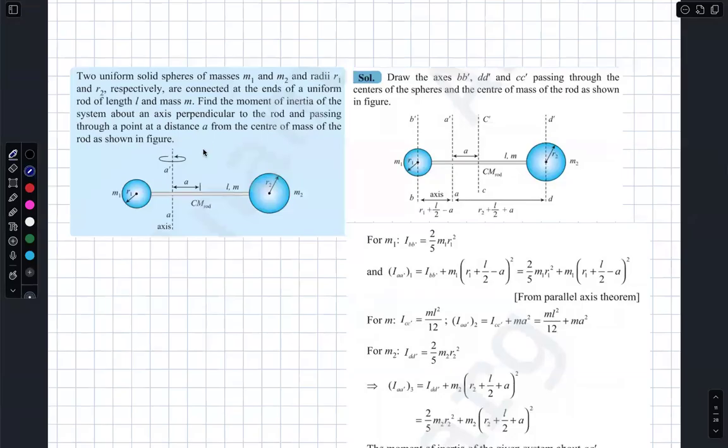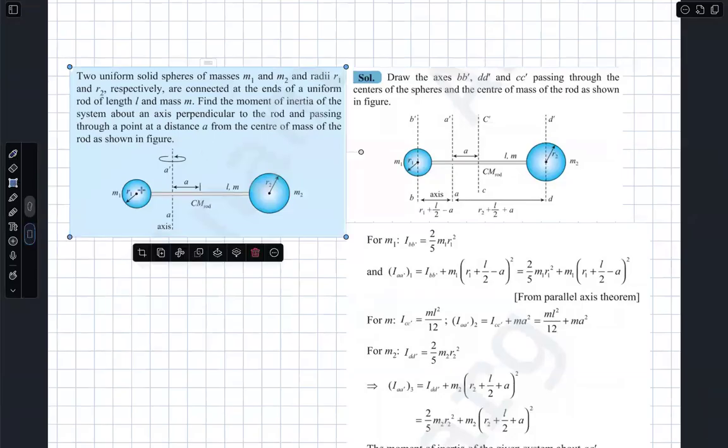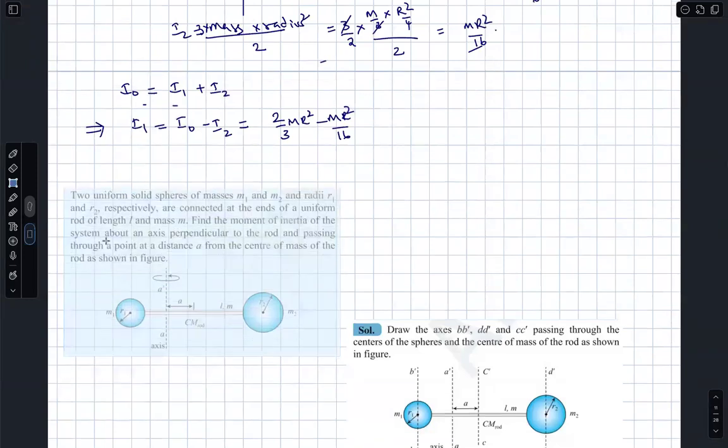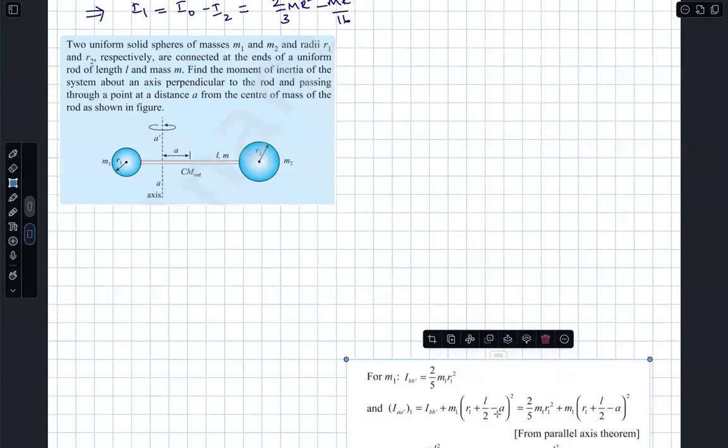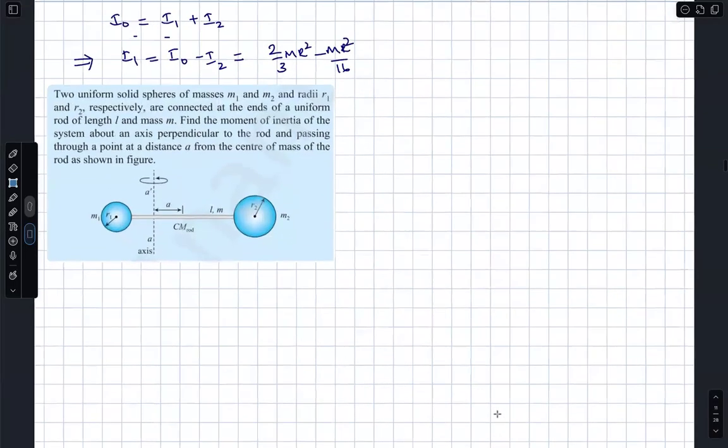We'll work on some questions of moment of inertia. Two uniform solid spheres of mass m1 and m2, radii r1 and r2 respectively, are connected at the ends of a uniform rod of length L and mass m.